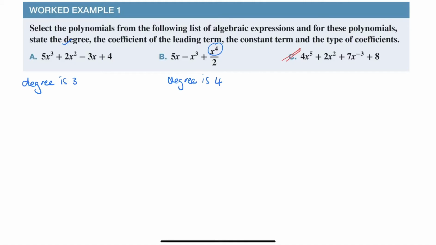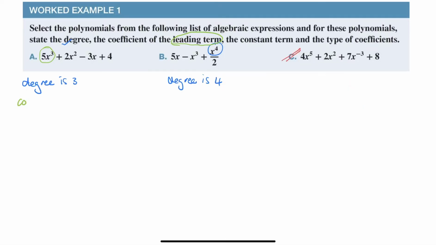The coefficient of the leading term. If I look at the leading term, the leading term is the term within our expression with the highest power. So in this case, the leading term is 5x cubed, and they're asking for the coefficient of this.